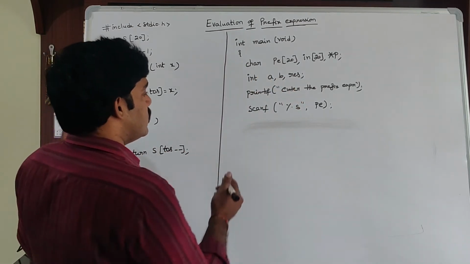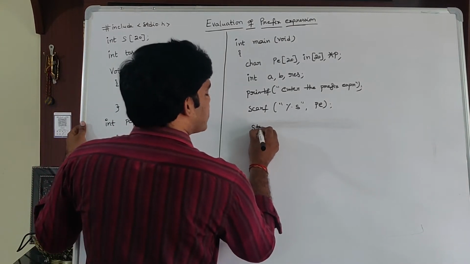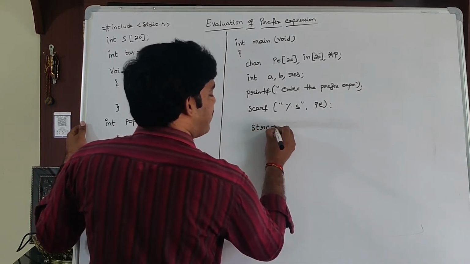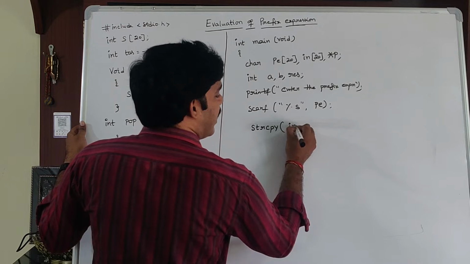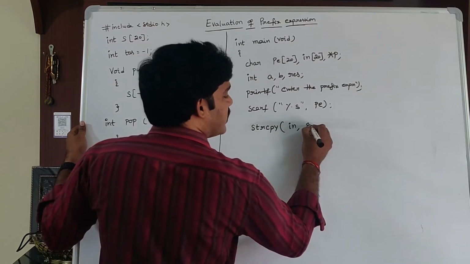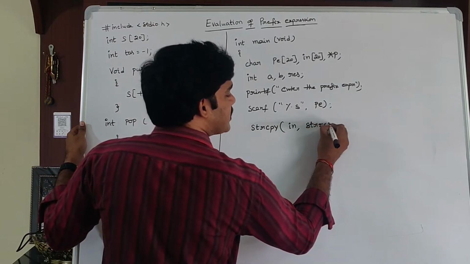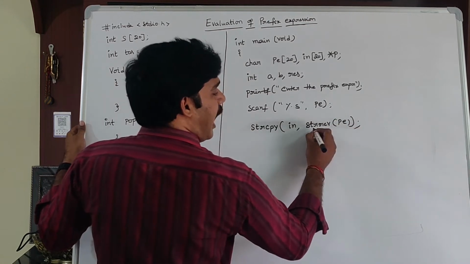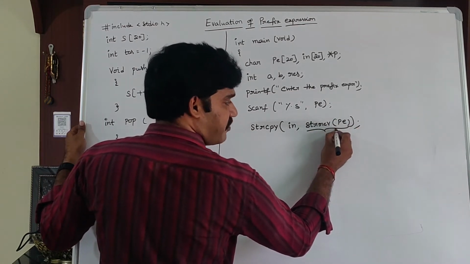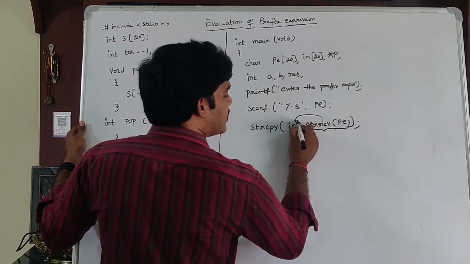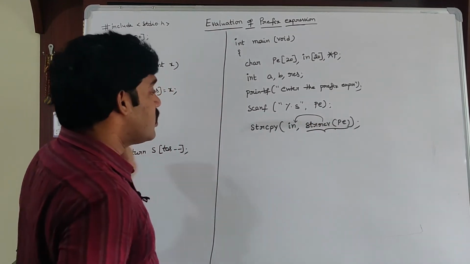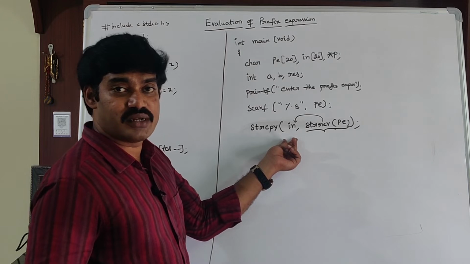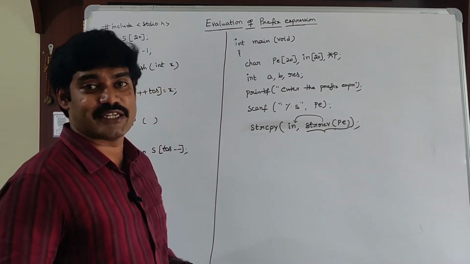Here I am using the predefined function as strcpy of in comma strrev of pe. I am reversing the string prefix expression and that one is copied into in. Now in contains the reverse of the prefix expression.